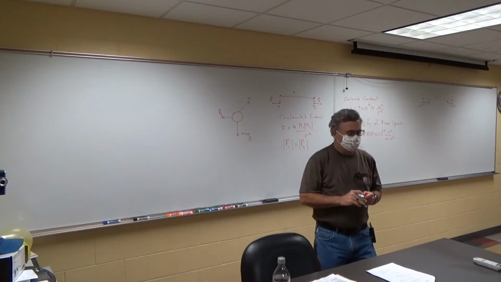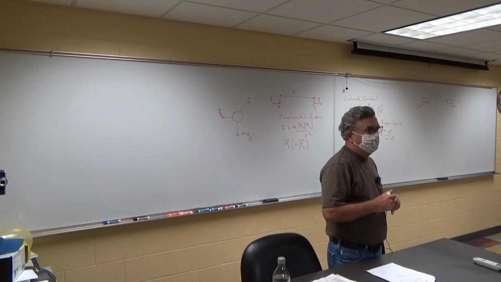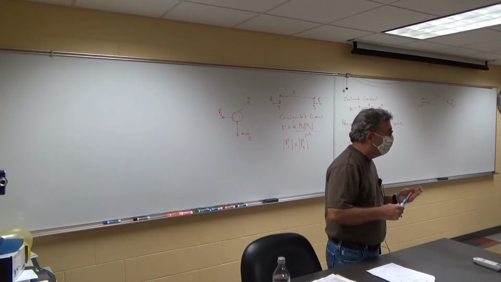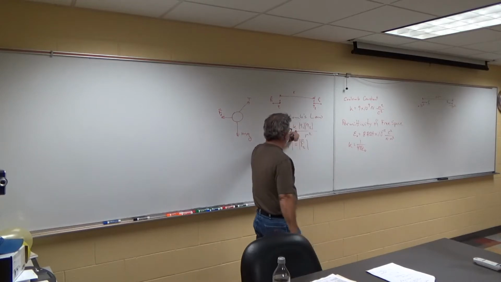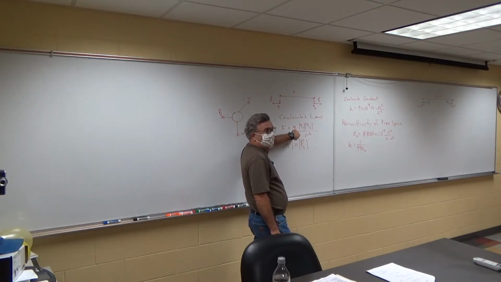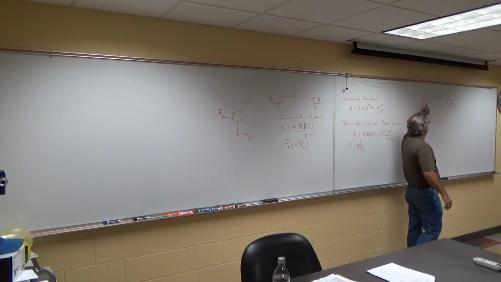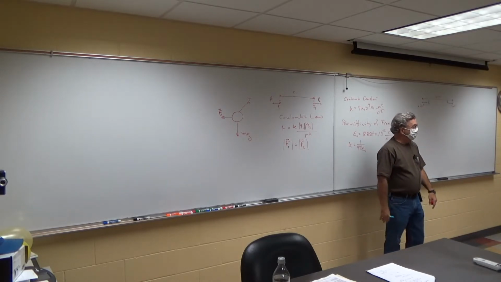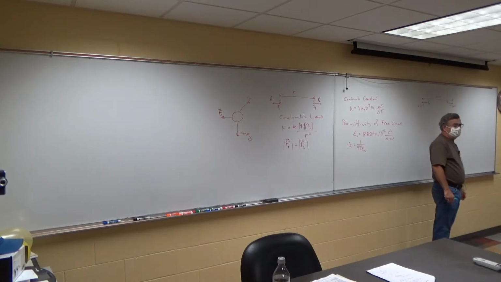So the first thing I'm going to do is figure out the magnitude of the force. I'm typically going to use this first. Then, if you're asked for a direction or something like that, you look at the picture. F3 is in the positive x direction, F5 is in the negative x direction.